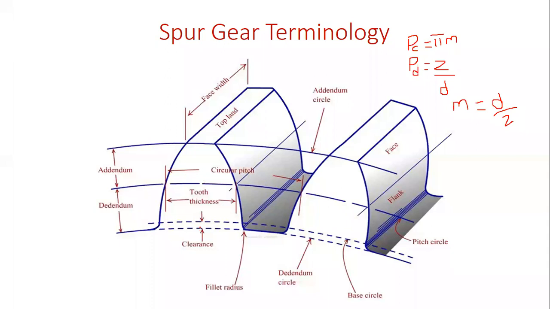The next one is clearance. Clearance is the difference between the addendum of one gear and the dedendum of the mating gear.